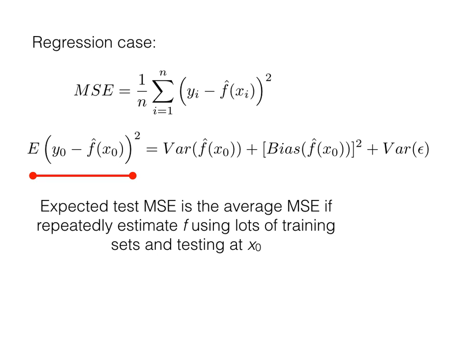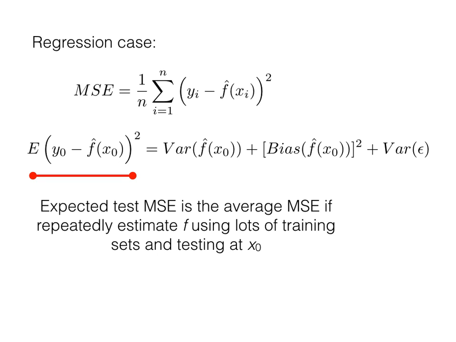So we're only interested in the test MSE at point x0. The expected test MSE is the average mean squared error if we repeatedly estimate f using lots of different training sets, but test them just at that x0 value.